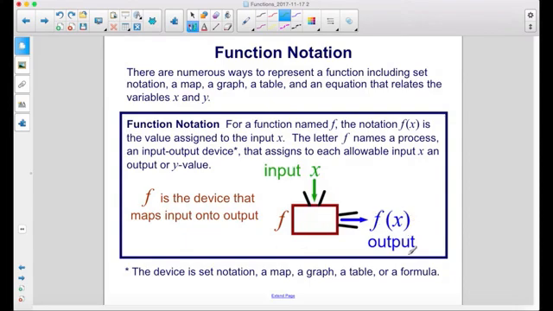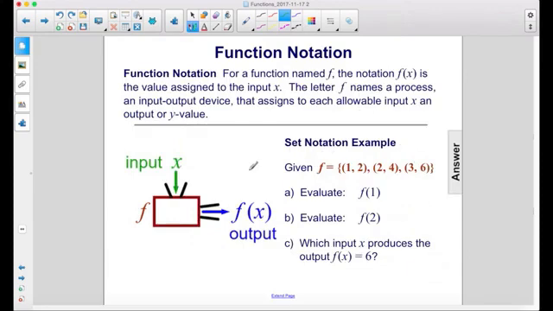So in this example, we're given that f is a function that is a set of ordered pairs. Evaluate f of 1. So that means that the x value is 1, and we want to know what the y value is associated with 1. So when you put in 1 into the x value in this function, you get 2 as a result.